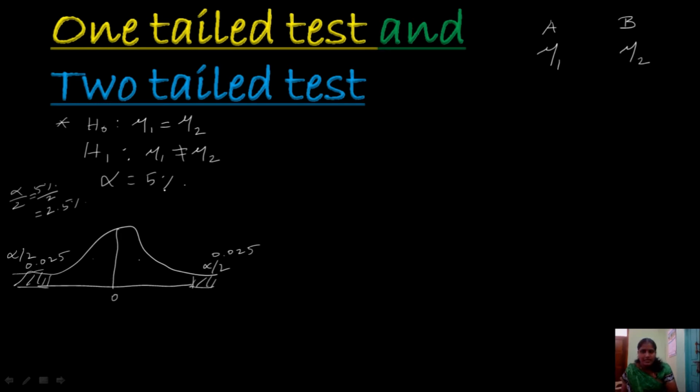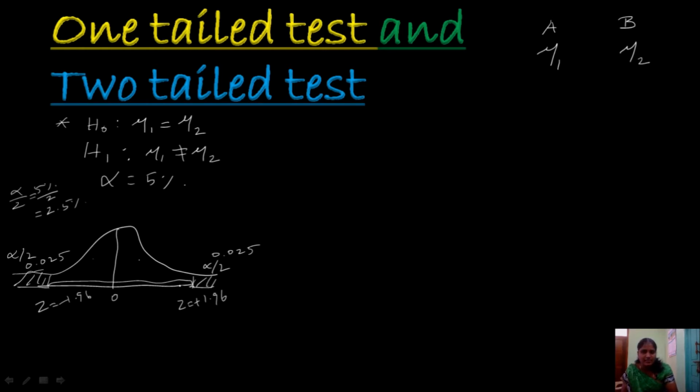So for the table value of Z at 5% level of significance, Z is equal to minus 1.96 and Z is equal to plus 1.96. So if my calculated value falls in this region, definitely I am going to accept the null hypothesis, or otherwise I am going to reject the null hypothesis.